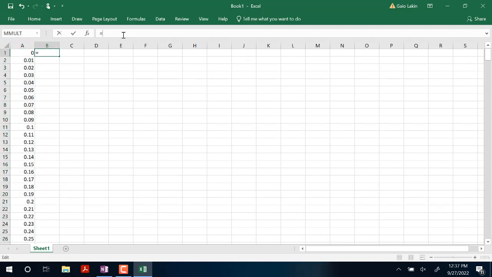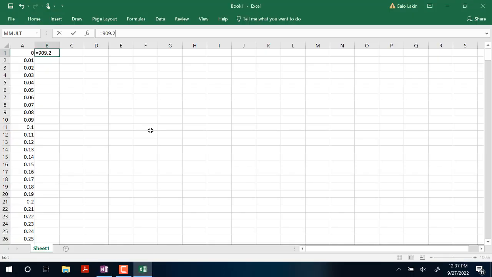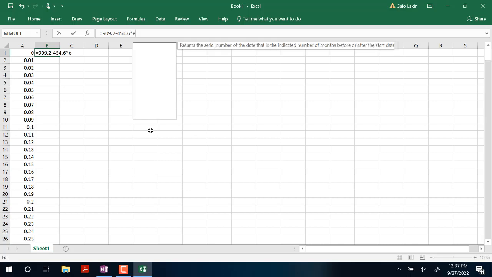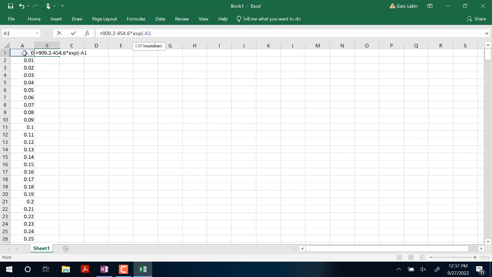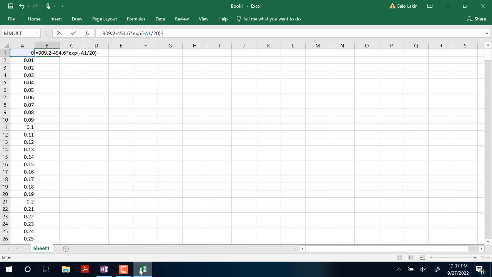So the function is 909.2 minus 454.6 times e to the power of negative t over 20, minus 45.46 times t.